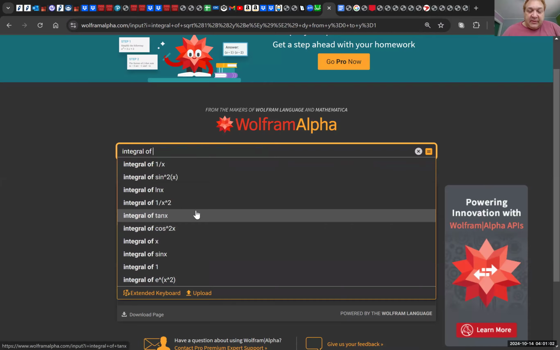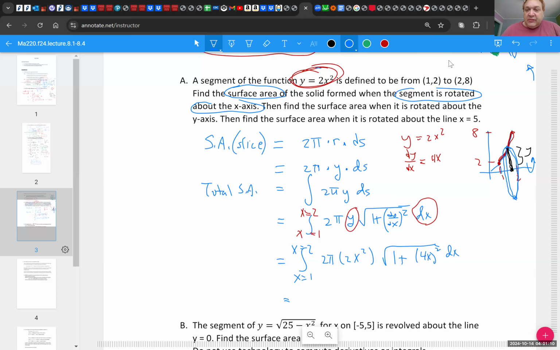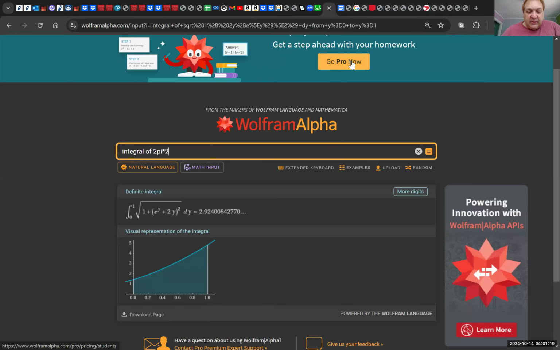Integral of, I have 2 pi times, so now I have to flip back and forth because I'm not going to remember half of it. 2 pi times 2x squared times the square root of 1 plus 4x squared.